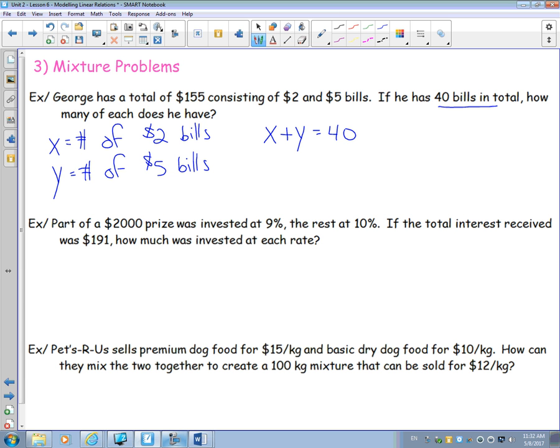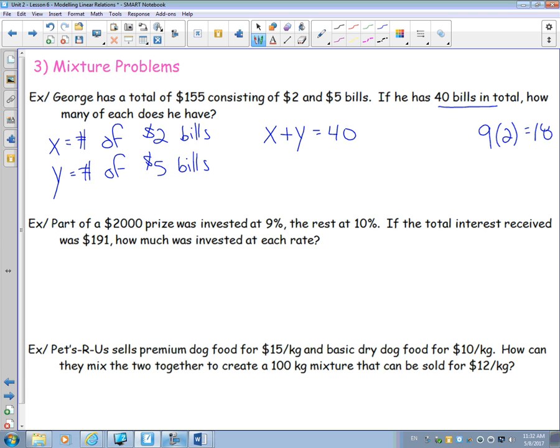That seems pretty reasonable. The second equation deals with the value of them. For every $2 bill I have, I get $2. So if I had, I don't know, 9 of them, I'd have 9 times 2, which gives me $18, right?